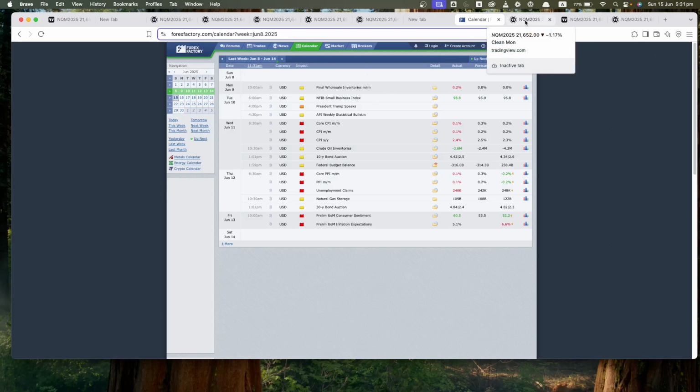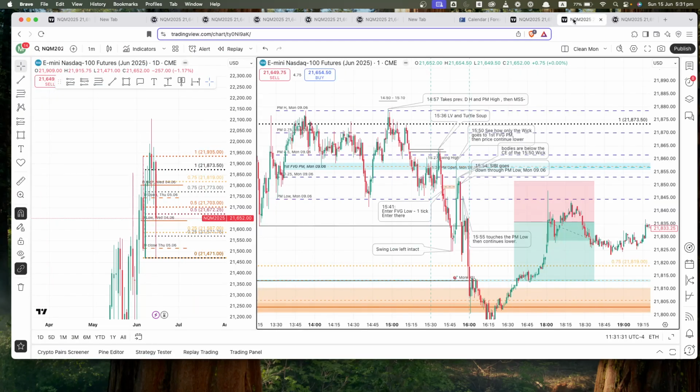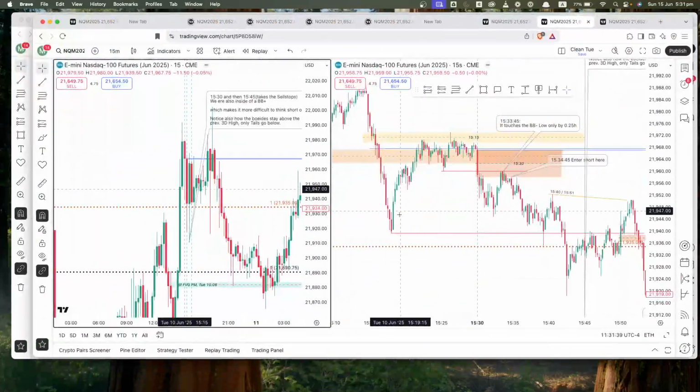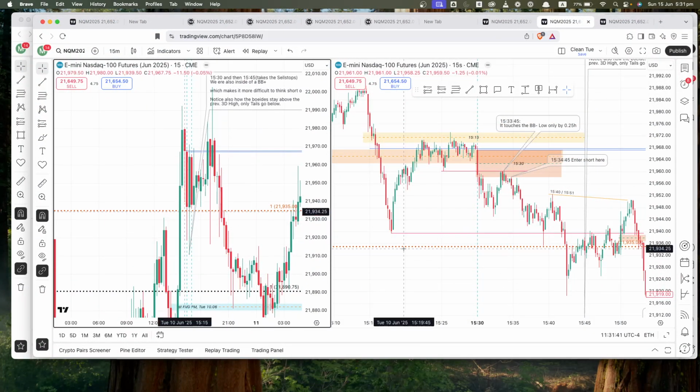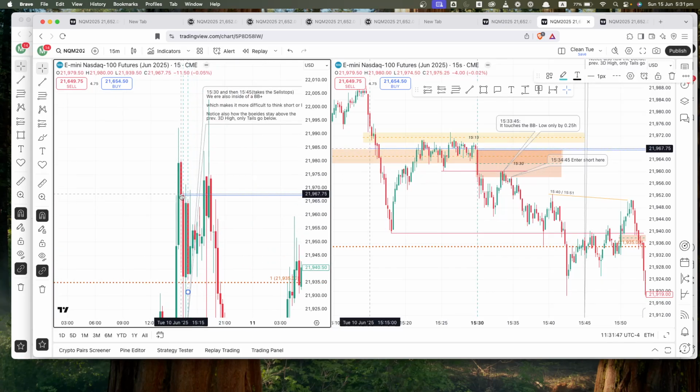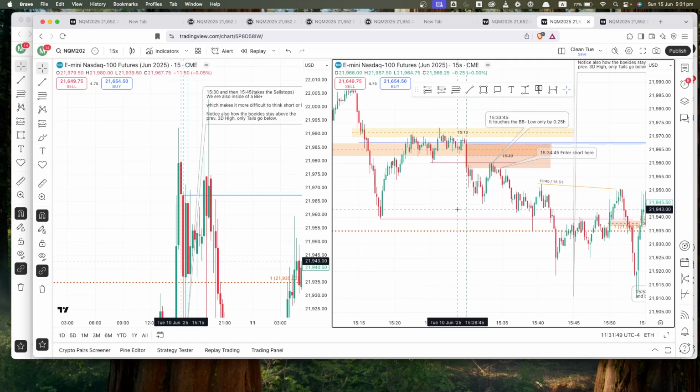So we see this kind of high resistance liquidity run over here, but we can still find a setup. If we look at Tuesday, we notice this 15 minutes liquidity void over here in blue. So notice this separation in price.